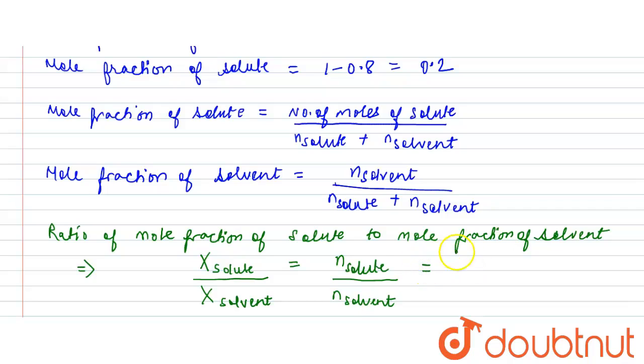And what was the ratio? The mole fraction of solute was 0.2, right? And the mole fraction of solvent was 0.8. So this ratio will come out to be 1 by 4, right?